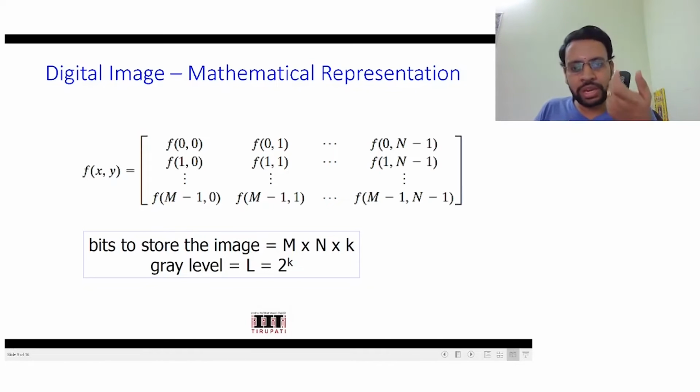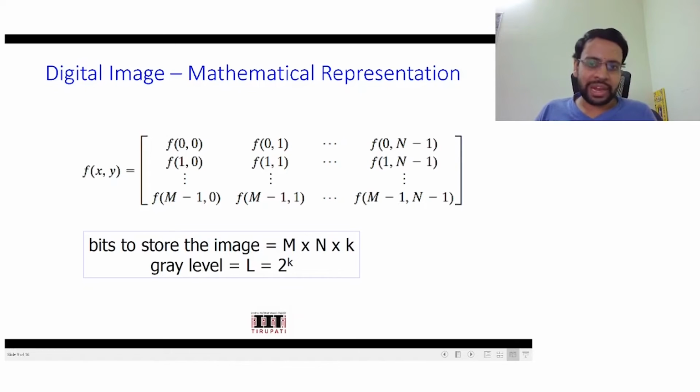So at so many locations you need to store the intensity values, and at each location you are storing the intensity value using k bits. So the total number of bits required is m multiplied by n multiplied by k, and with this representation, as we just now discussed, you could store up to 2 power k distinct values whenever you are using k bits for storing the intensity values.